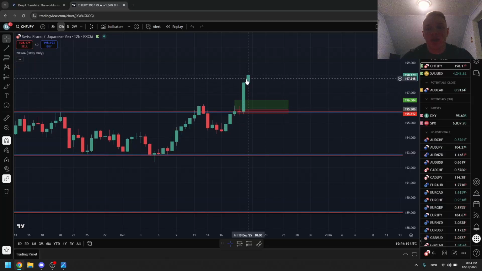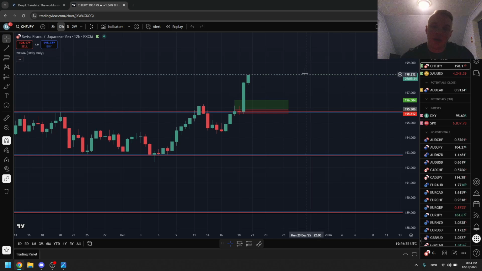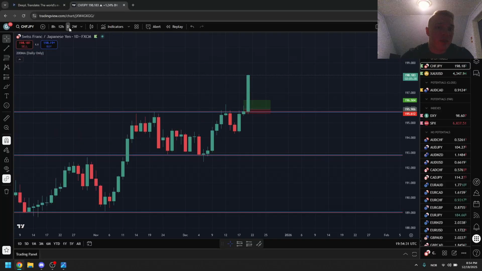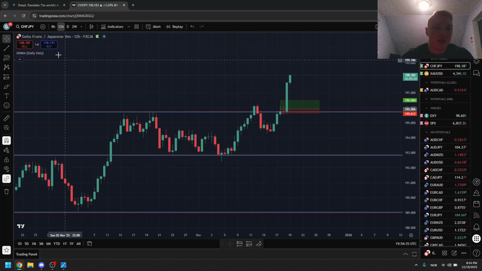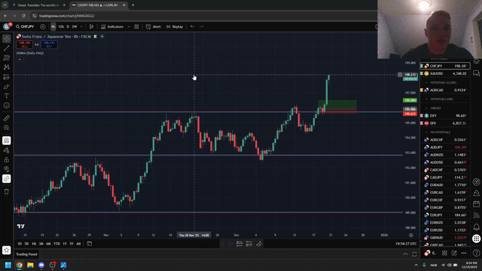This one doesn't represent 12 hours because it hasn't closed yet. In 2 hours, it'll represent 12 hours. So 12 hours, 12 hours, 12 hours, 12 hours. And these are the time frames we trade on: the 1 day candles, the 12-hour candles, and the 8-hour candles.